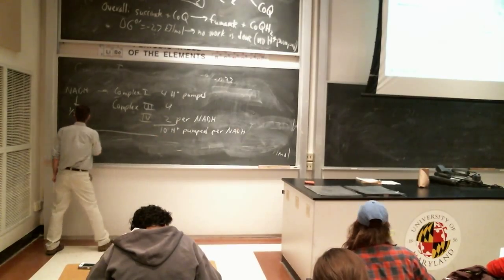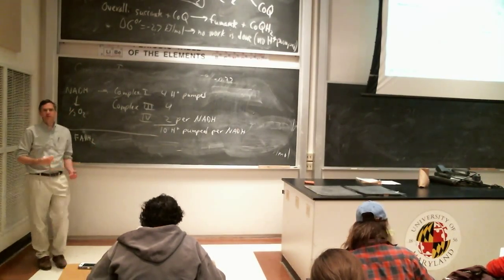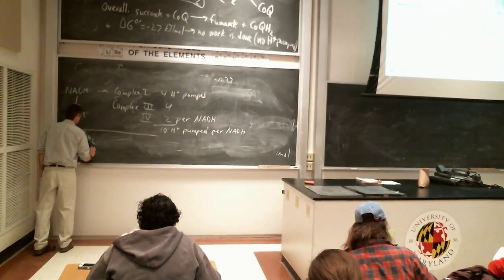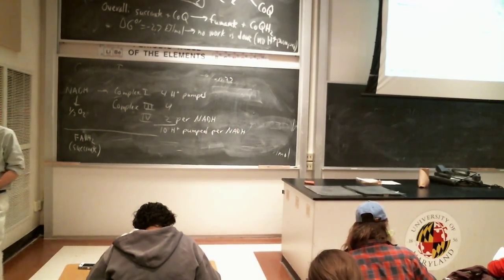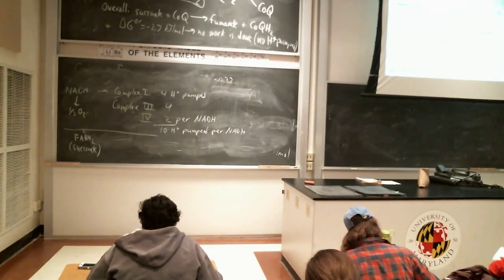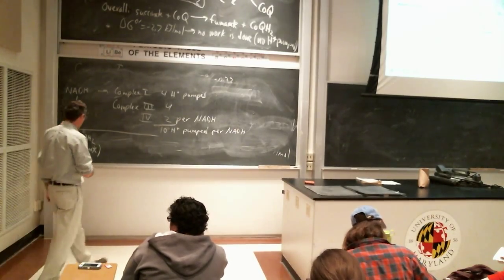In making these tables, we usually say, what about FADH2? So in this context, what we're really saying is for succinate, where we get this FADH2 as an intermediate. Actually, there's going to be at least one other metabolic oxidation pathway where we're going to get a FADH2, and it's going to be a similar thing.